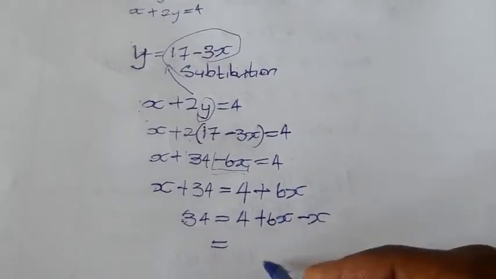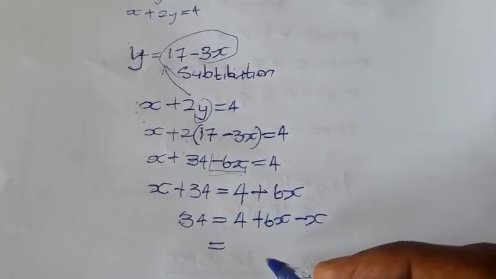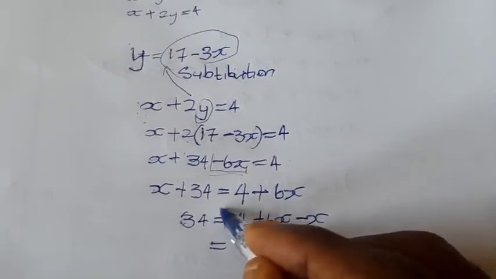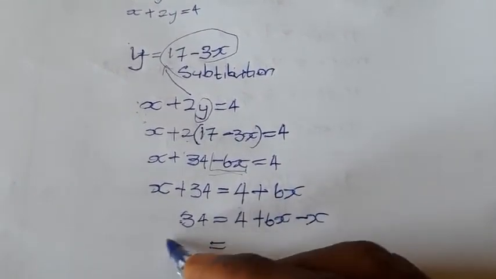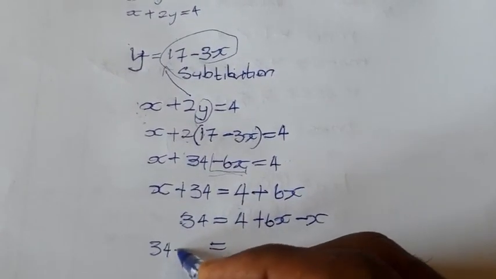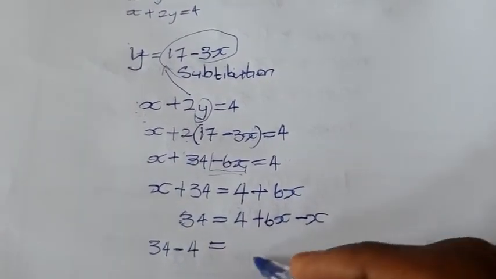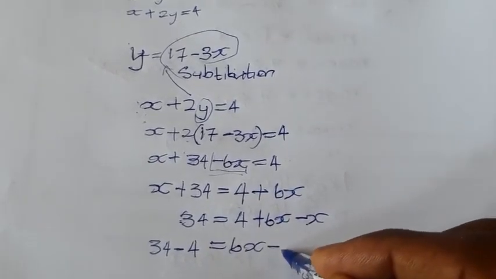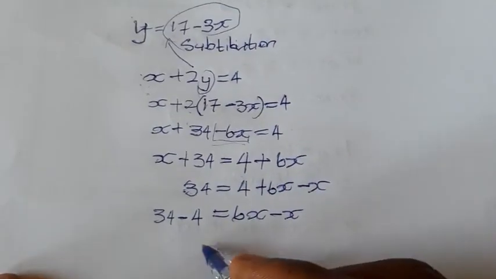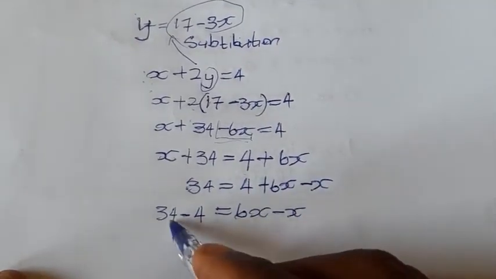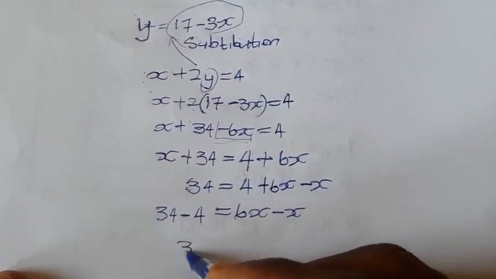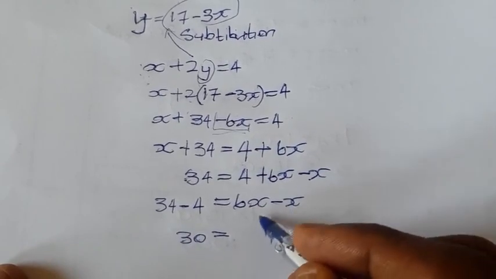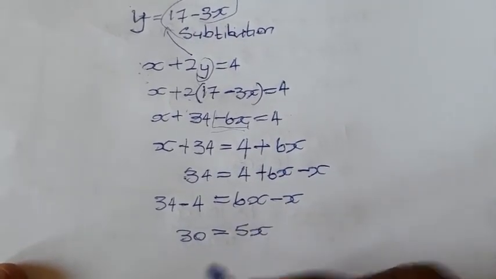When it's like this, we have to bring the 4 the other side: 34 minus 4. Then we remain here with 6x minus x. From here, 34 minus 4 gives us 30, is equals to 6x minus x, which is 5x.